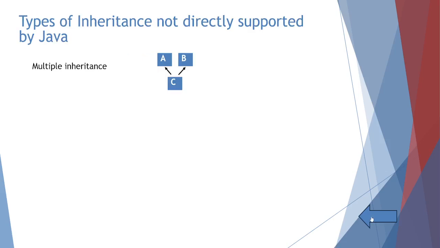But multiple inheritance, two superclasses, one subclass is not possible. But we write class A definition and interface B. We will understand interface in the coming videos. Now class C extends is the keyword to make inheritance possible. Class C extends A, comma, implements B.